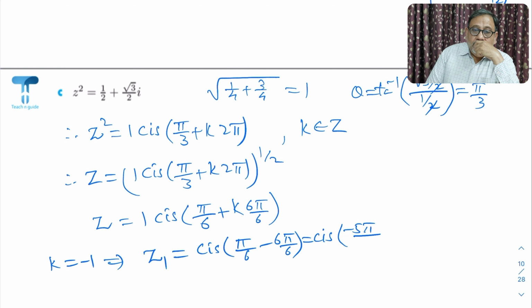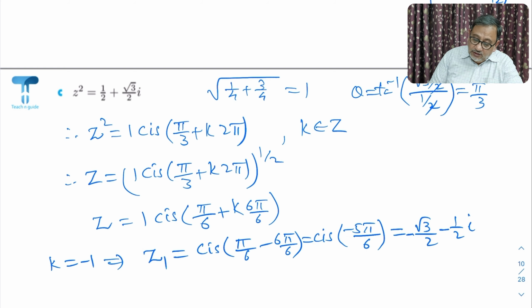Minus 1 when I replace, so minus 5 pi by 6, and minus 5 pi by 6 is in the third quadrant, and in the third quadrant both of them are negative. So 30 degrees, so cos will be root 3 by 2 negative, and negative half I.